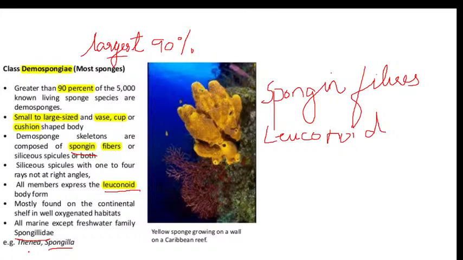Then they have a leuconoid type of canal system, which is more complex with small spongiosity, and they are found in the continental shelf. All are marine, but only very few are freshwater. The freshwater sponge family is called Spongillidae, and the example is Spongilla.